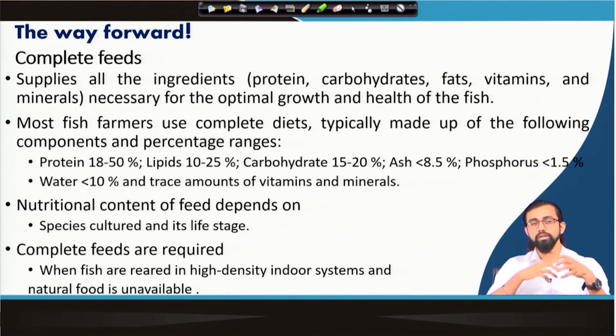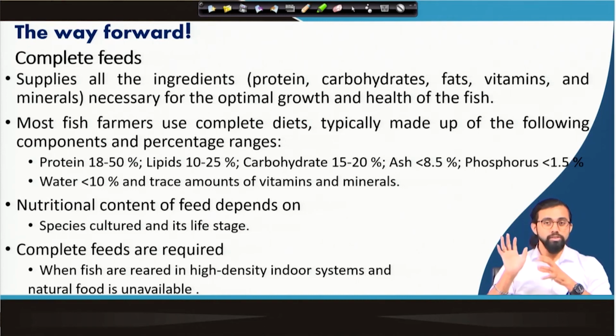I'll discuss in a later slide what the different types of fish feeds are. There are wet feeds and moist feeds which have a high water content, which can be as high as 30-40% as well. They are also doable, and people are using those kinds of fish feed as well. And obviously trace amounts of vitamins and minerals which are beneficial for your target species.